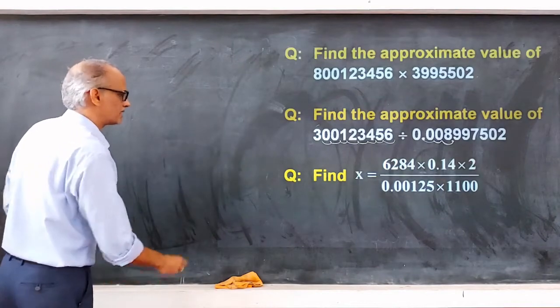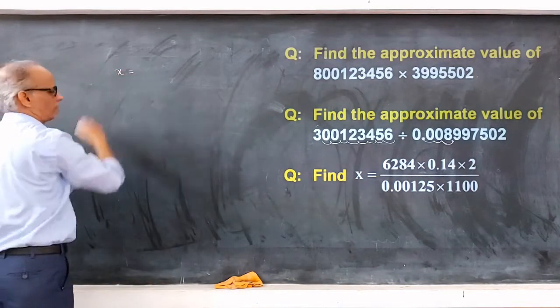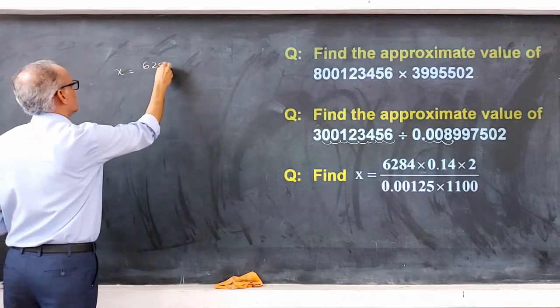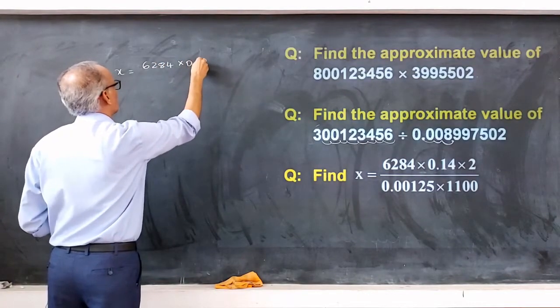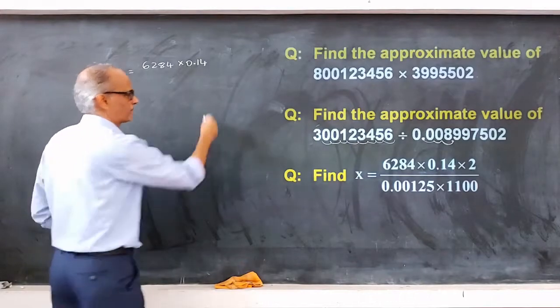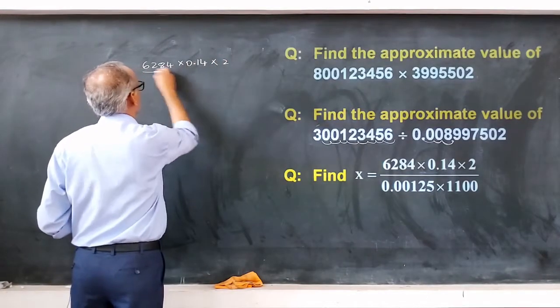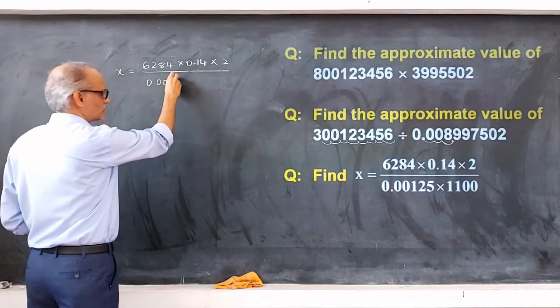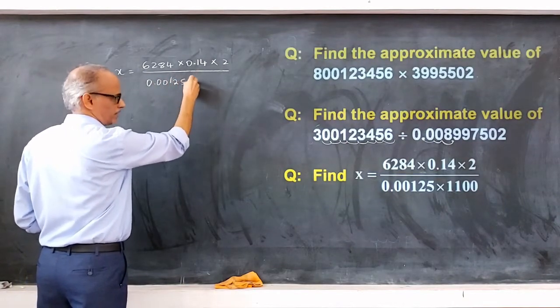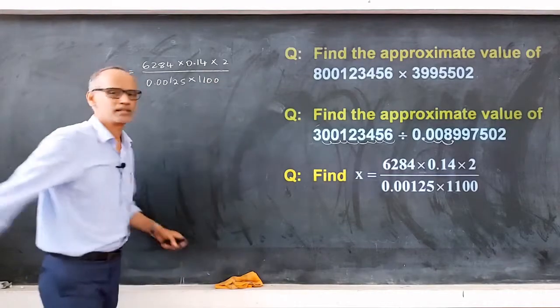Okay, first let me write as it is. What is x? x is 6284 into 0.14, okay, then into 2 by 0.125 into 1100. Okay, I have written the number as it is.